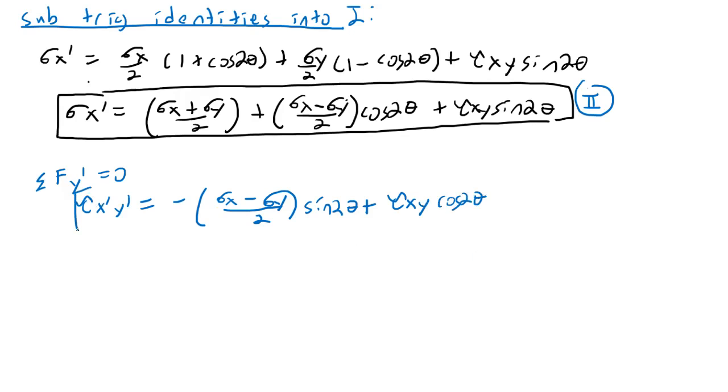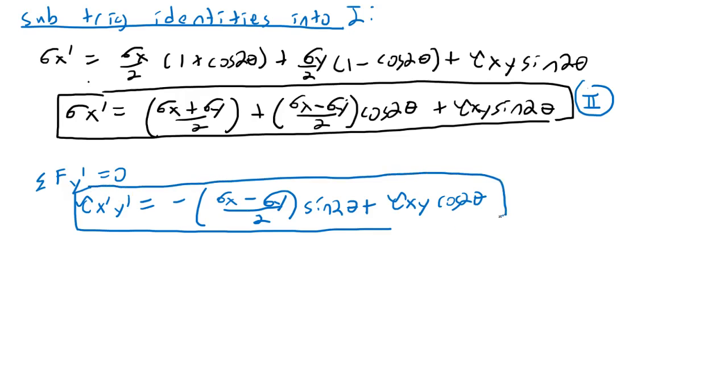We are going to call this equation 3. It's equation 9-2 in the Hibbeler book.